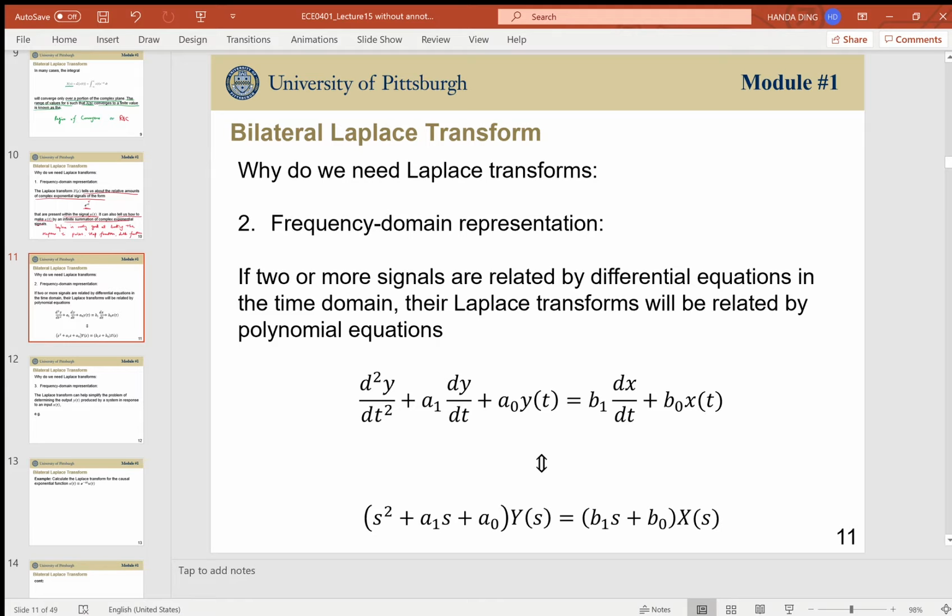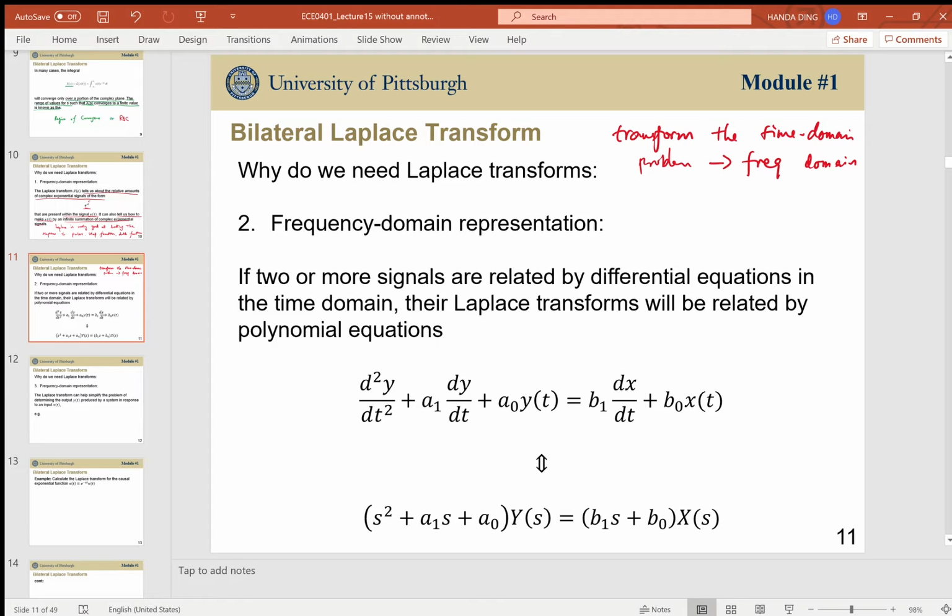But Laplace can really do a good job by transforming the time domain problem into a frequency domain, right?